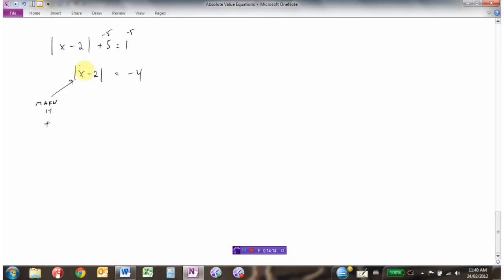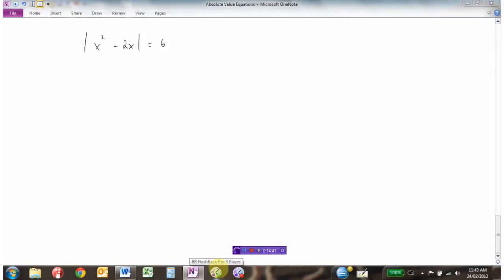How could something that you make positive ever equal negative 4? So this would be a situation where there simply is no solution. The absolute value of x plus something, or any absolute value of something, can never equal a negative number. So there would be an example of no solutions.